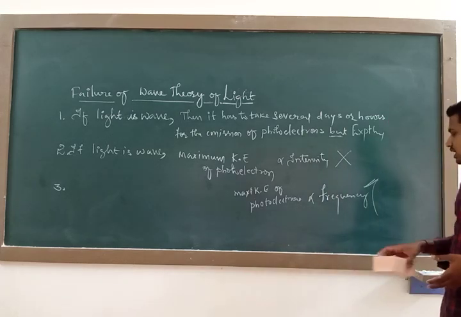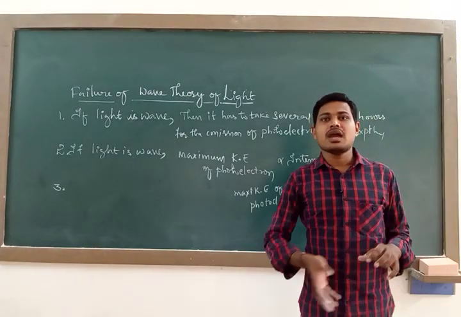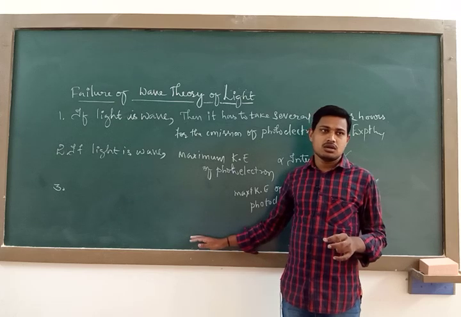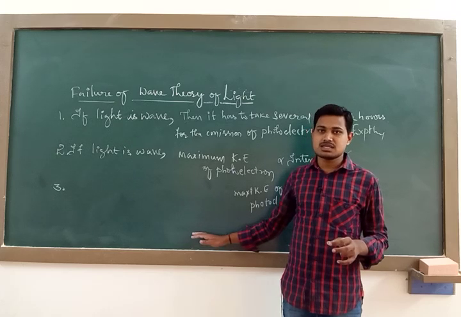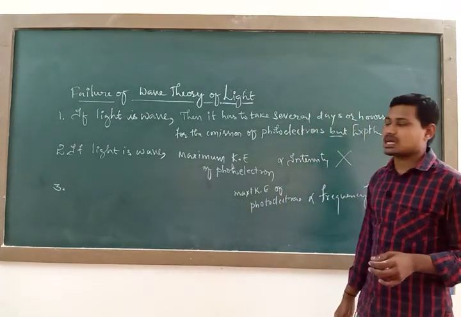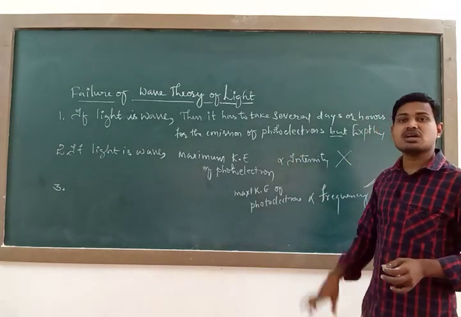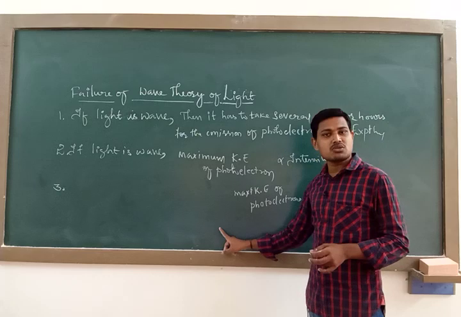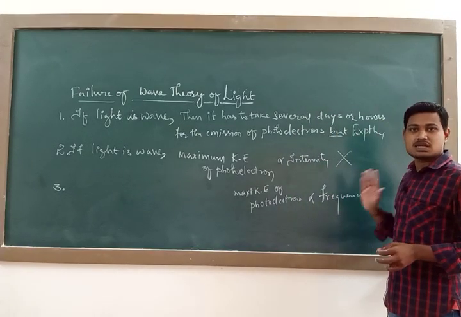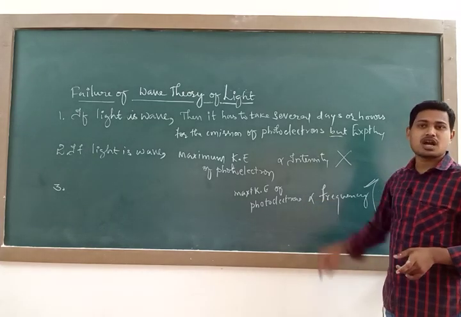A sufficiently intense beam of light would be enough for the emission of electrons, with no critical frequency for the material surface. But experimentally, we are not observing this. We observe that a particular frequency is required. Only if that frequency is present will the photoelectric effect take place. It means a threshold frequency exists. If light is treated as a wave, it cannot exist.